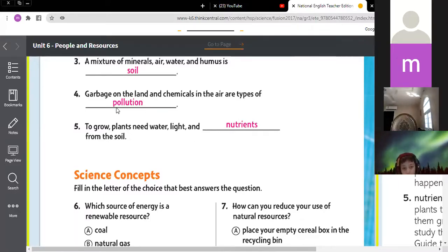Do you know the meaning of that? Garbage is like rubbish. And chemicals, like the smoke from the factories, the bad black smoke, are all bad for our environment, right? So it's called pollution. Thanks, Saleh.